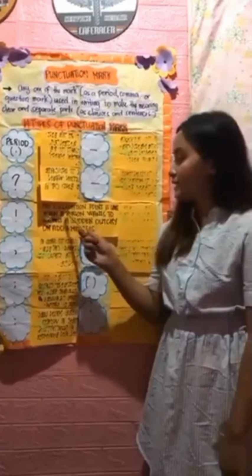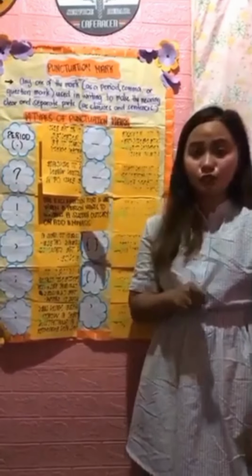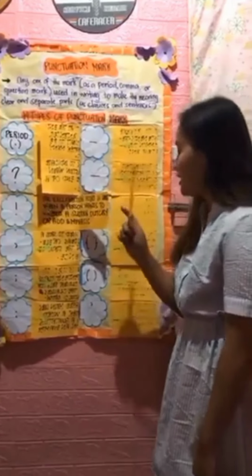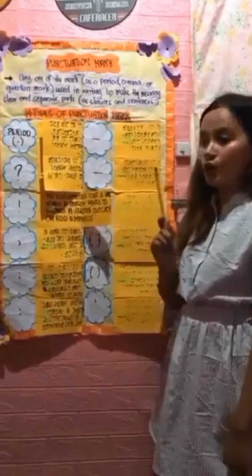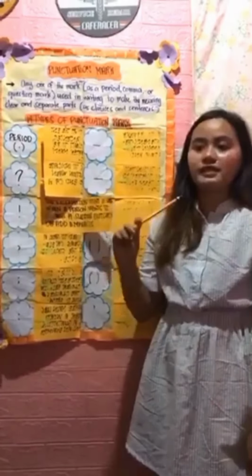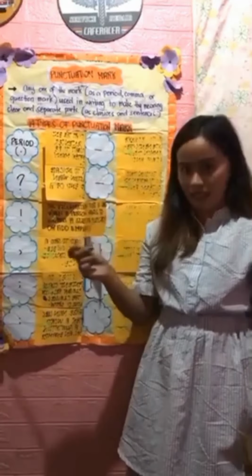Also, the exclamation point is used to give a command, and it is also used after an interjection or exclamation. And lastly, the exclamation point is used in informal writing.